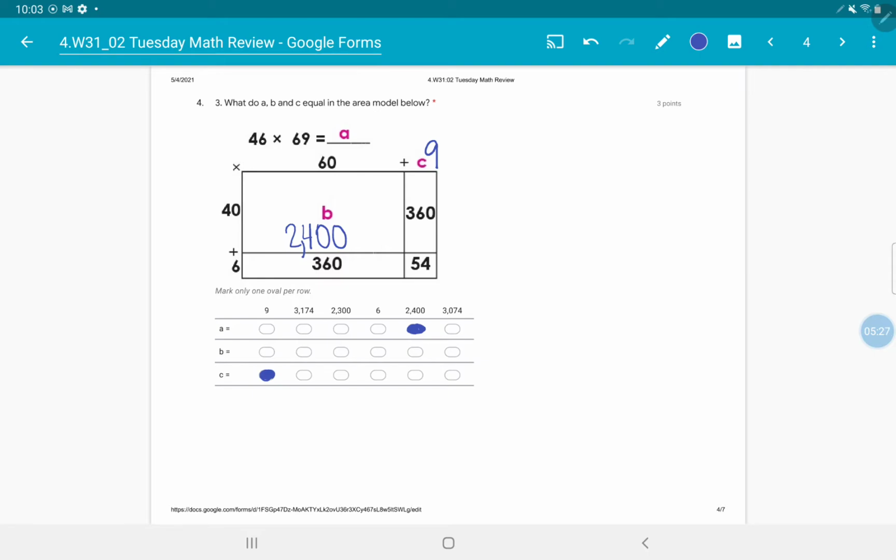How are we going to find what the variable A represents, Amy? You're going to add 2,400 plus 360 and 360 plus 54. Okay, so what's our answer?